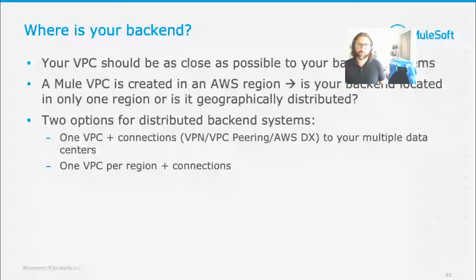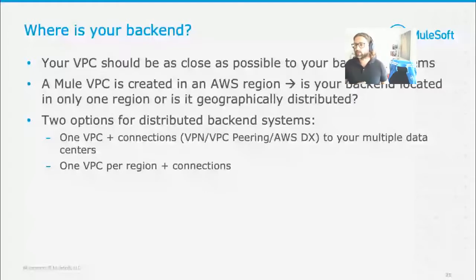And you will need to go to the second option, which is creating one VPC per region close to a data center location, and then setting up a connection between each VPC and the data center location.